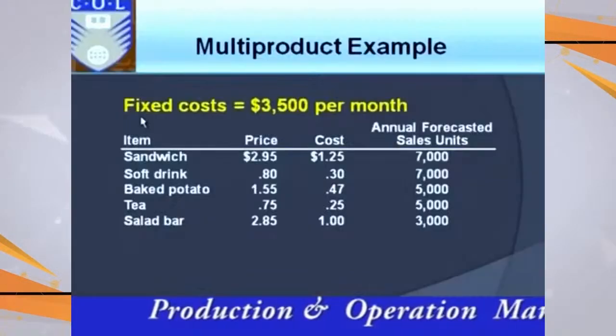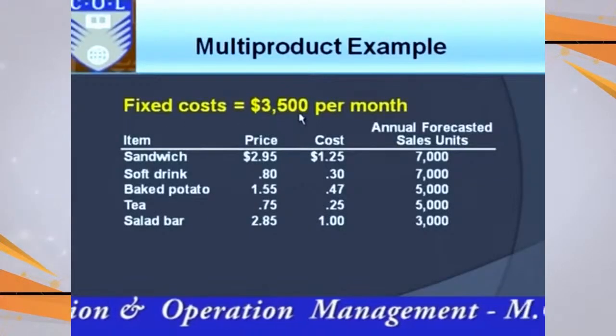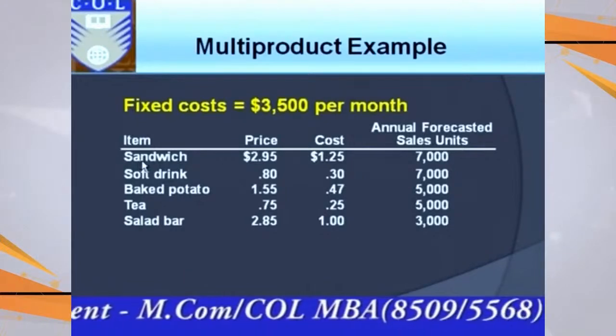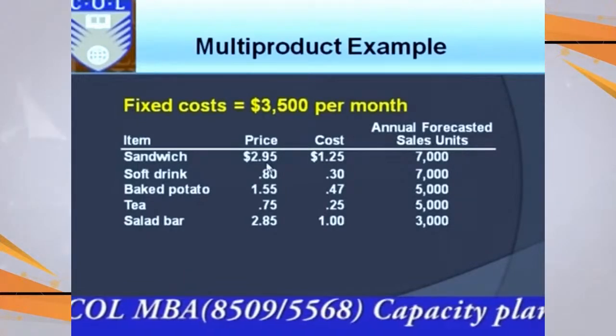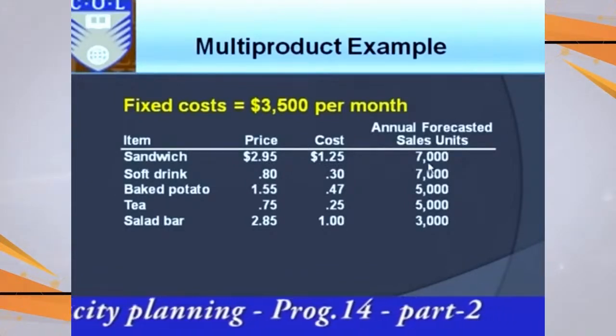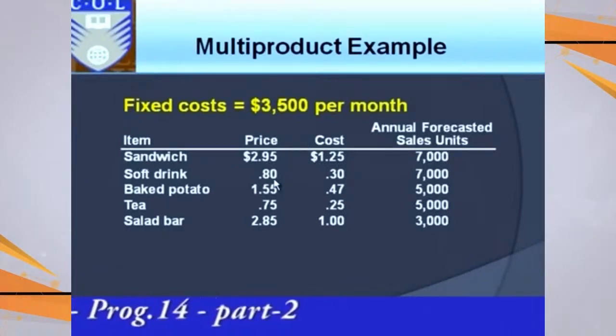For example, we have, let's say, a fixed cost of 3,500 per month, coming again to the bakery example. Our product one is sandwiches, price is this much, cost is this much, annual forecast of sales is this much. Soft drinks, price, cost, annual sales, baked potato, tea, salad bar, and so on.